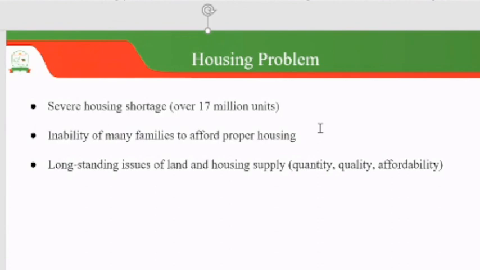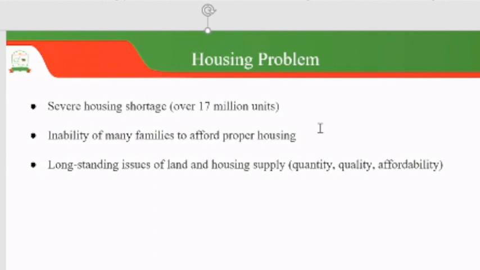How does it affect the population growth rate? How does it affect migration? How does it affect fertility? How does it affect mortality? So you should be able to look at some of those issues. If we have a shortage of houses, then you should be able to understand what it is probably causing.